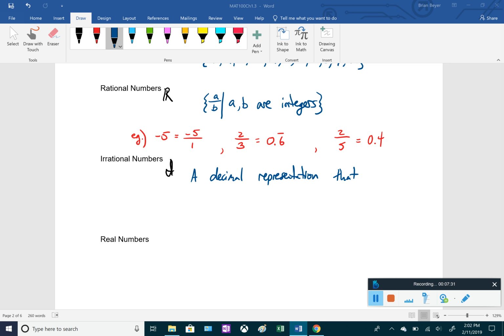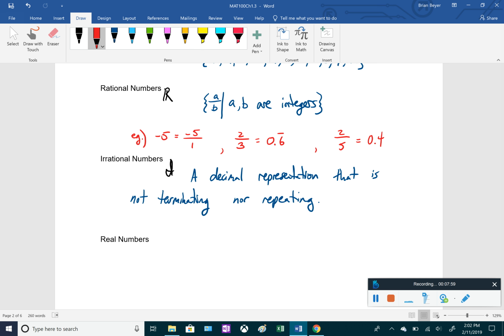So another way to say this is with a decimal representation. It doesn't have to be a decimal, but if we represent it as a decimal, then the decimal representation is not terminating nor repeating. So an irrational number, if we wrote it as a decimal, would go on forever and ever, but it would never repeat itself.